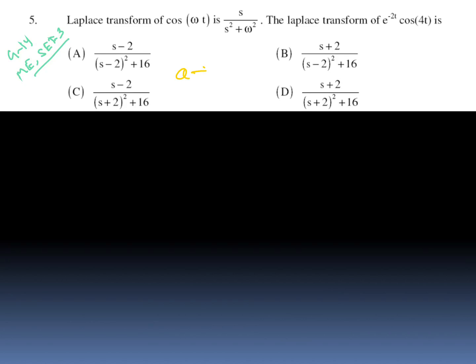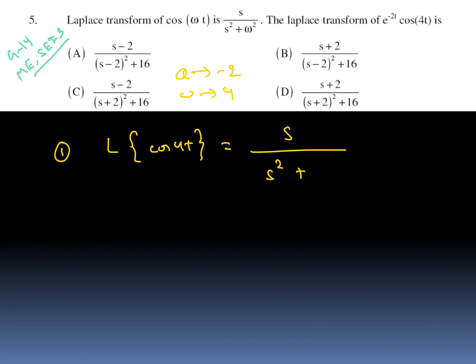So Laplace of cos 4t is s by s square plus 16.